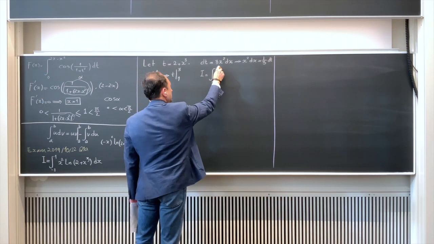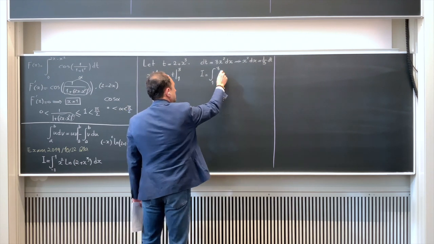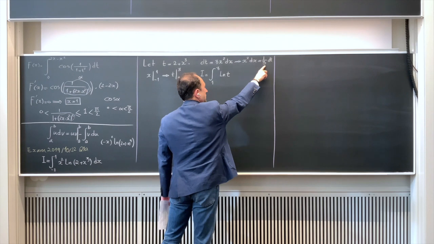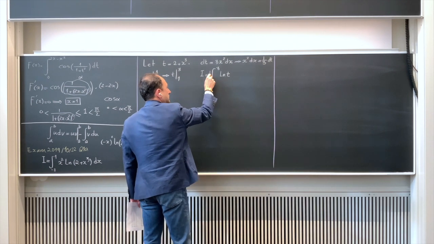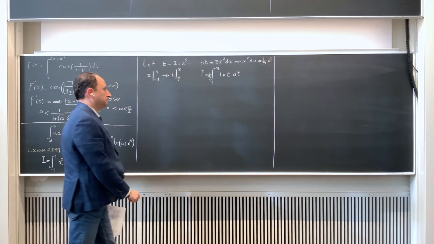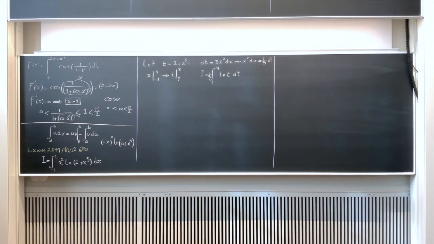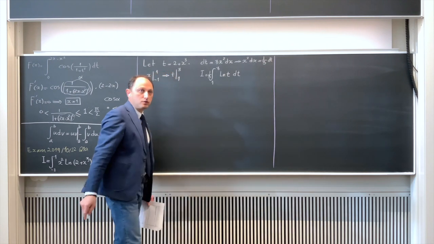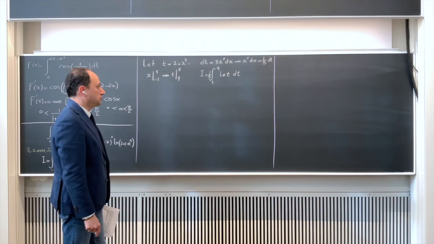If I call this integral I, then integral I can be written as the integral from 1 to 3 of ln of t, and instead of x squared dx, I write a third of dt, so I put 1 over 3 outside, and then I have dt. Understandable? Okay, and this is a famous integral. Hopefully you remember from the previous session that you can do this using integration by parts.